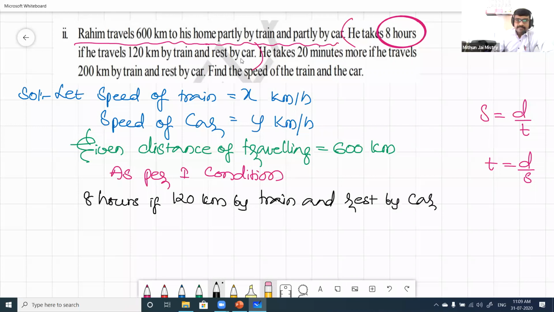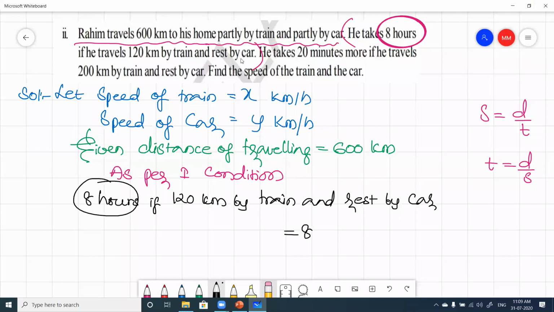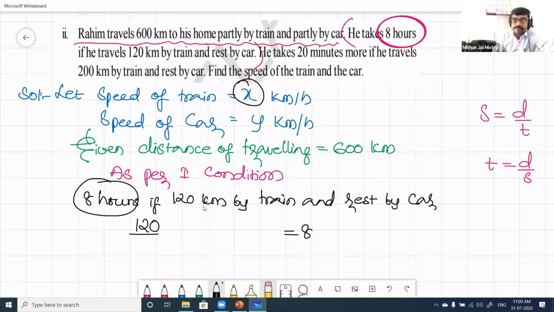So we will take this 8 hours as the subject, equal to 8. Now let us understand the time taken by Rahim to travel 120 kilometers by train. He has traveled 120 kilometers distance, Nana. So 120 by what? Now what is the speed of the train? Speed of the train is x.